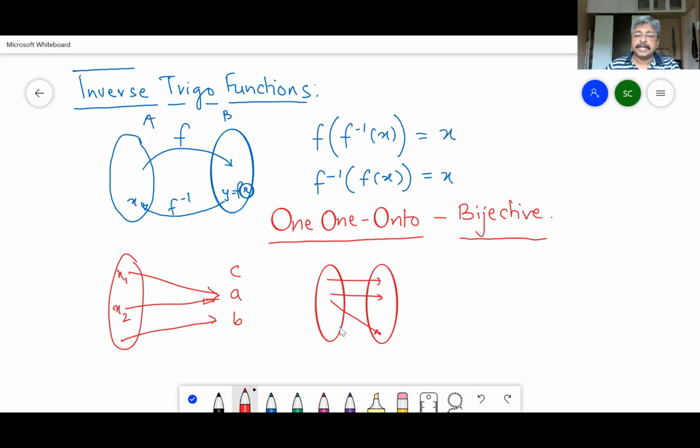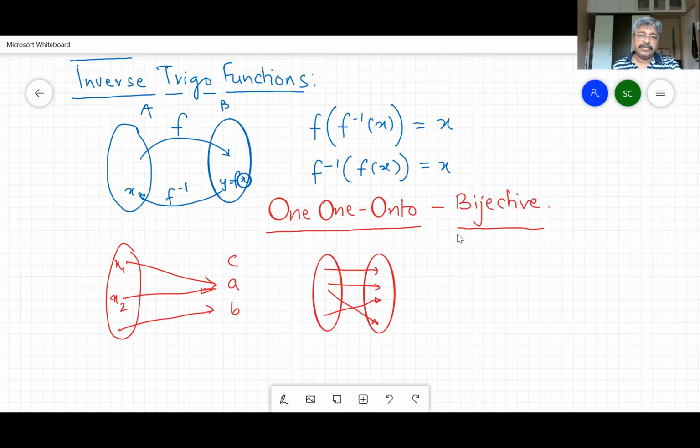It might be something like this, but it is one-one. Then reversal of these arrows is easily possible, and there is no error as far as the definition of function is concerned, because the inverse is also a function. Therefore, it has to follow the definition of function. So unless we have a function which is one-one onto, we cannot take the inverse. This is the important thing that we need to note.